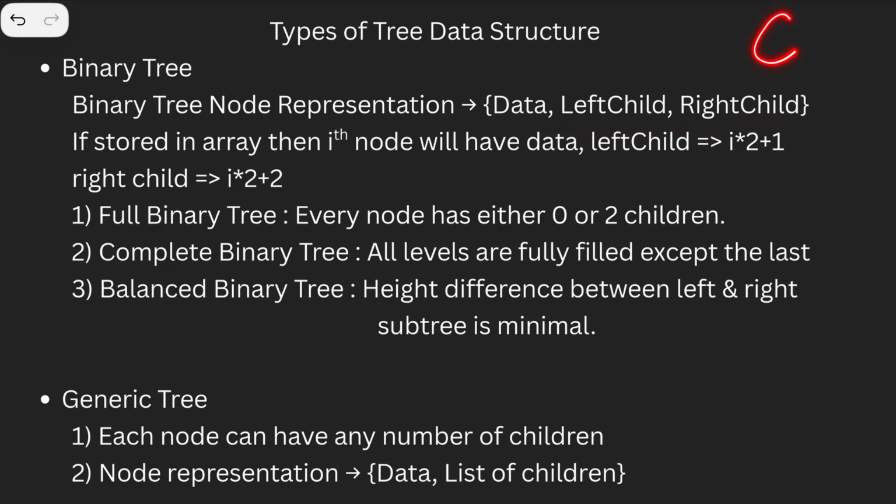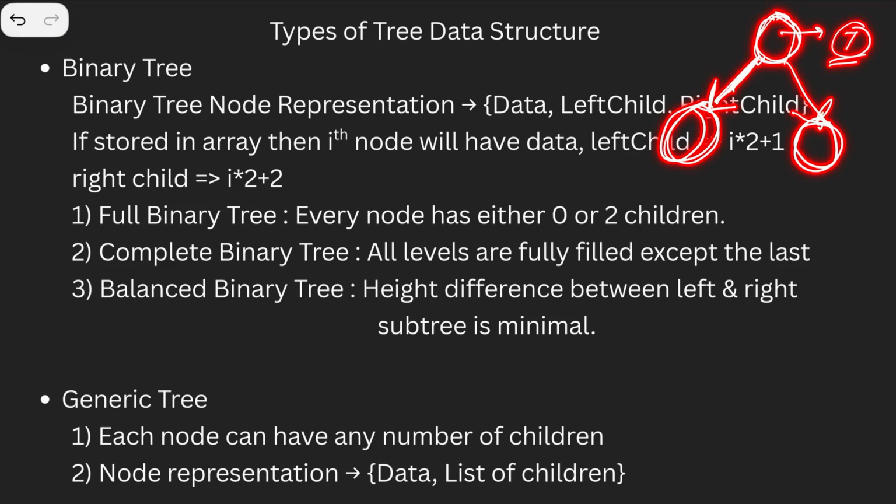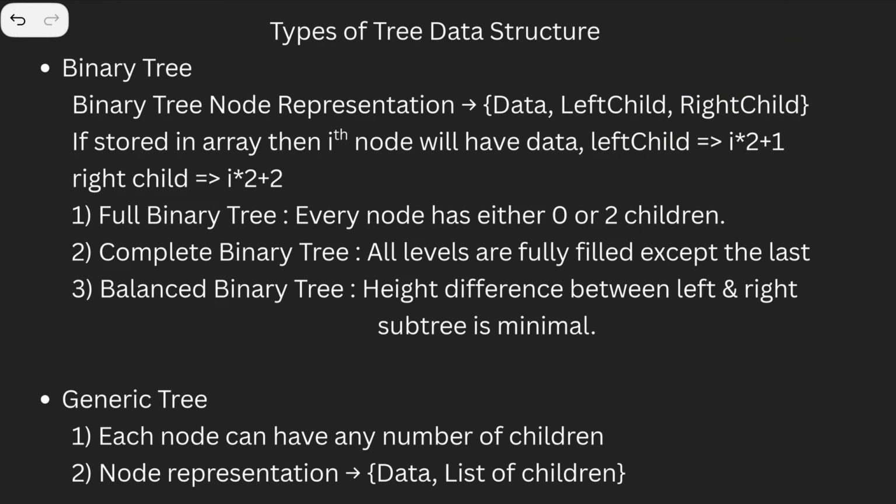So you have a node that is going to store the data. Let's say 7 is the value that it has stored. It also needs to store the left and right child. Either we are going to store the address or we should know the address. If I want to store a binary tree in an array, then that would be much easier. Let's say array[i] is going to represent the data at node i. Correct?